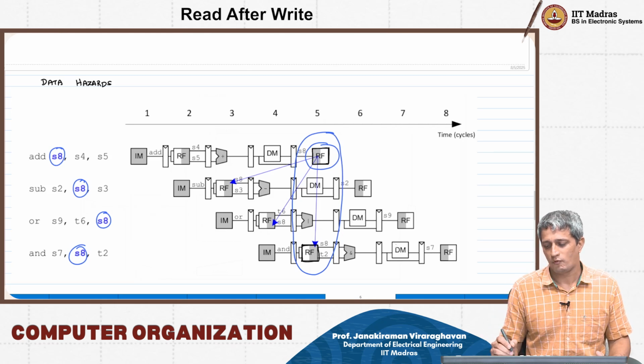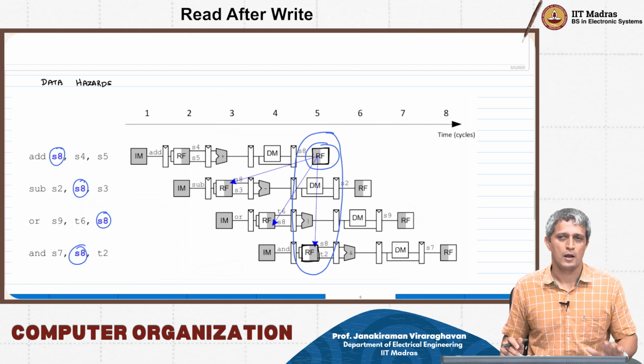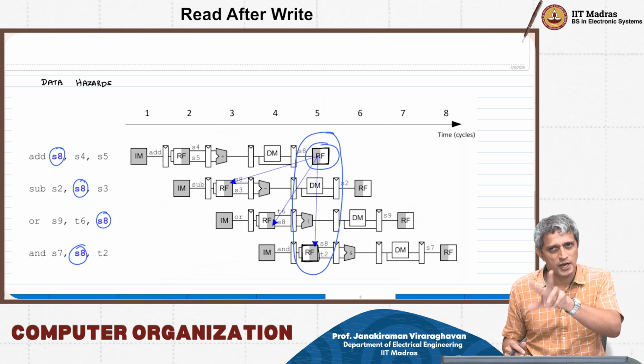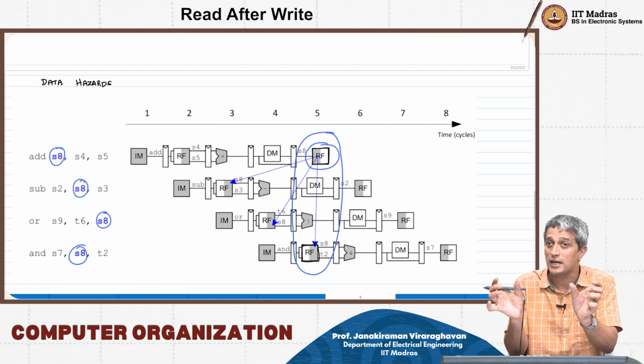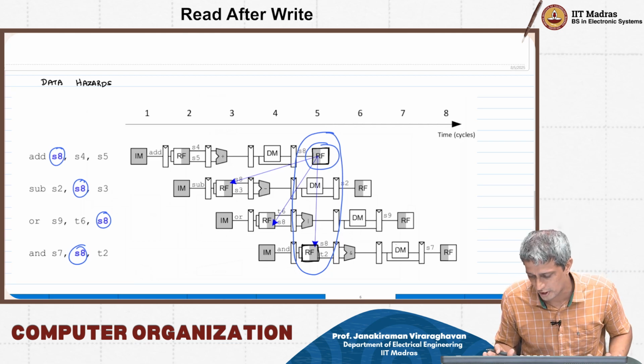So what we are basically saying is, yes, it's the same register file, you are trying to write to the same register and read from the same register, but they are happening at different times and they are separated by half a clock cycle in this particular implementation.